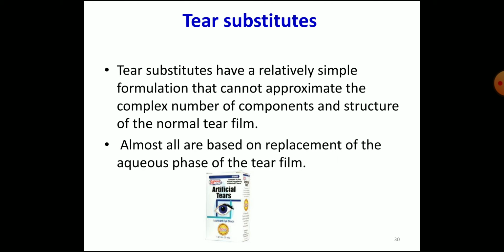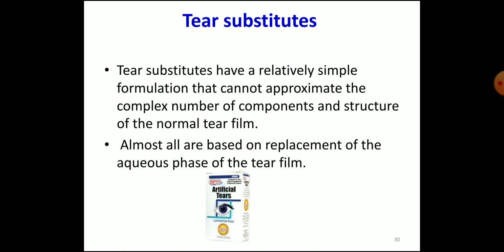Now, what are the tear substitutes? Tear substitutes have a relatively simple formulation that cannot approximate the complex number of components and the structure of the normal tear film. So, a substitute is not the exact substitution, and it may lack some of the components of the normal tear film. Almost all are based on the replacement of the aqueous phase of the tear film.